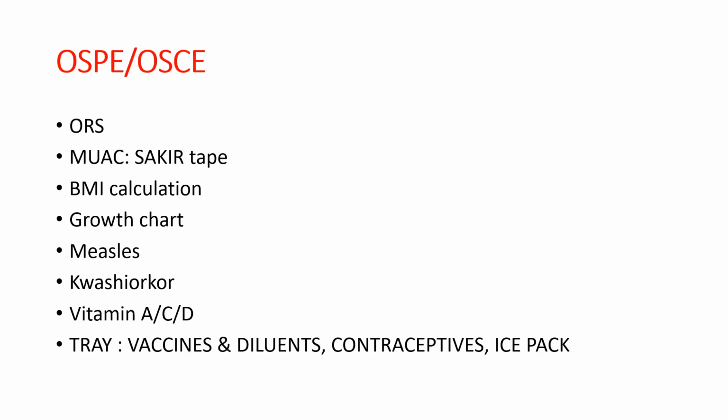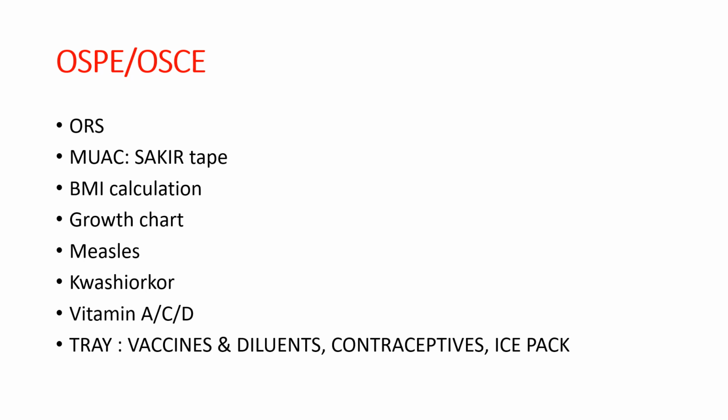Besides the problem cards, you will also have the OSCE stations where you will need to know everything about the ORS: how to prepare it, what precautions you should take, the different types of ORS, and many more.